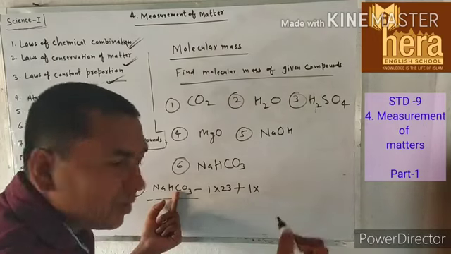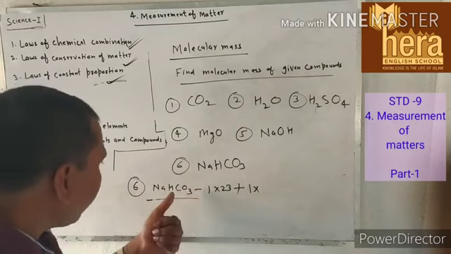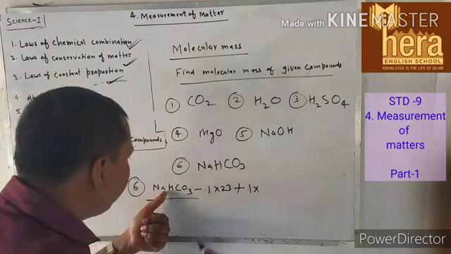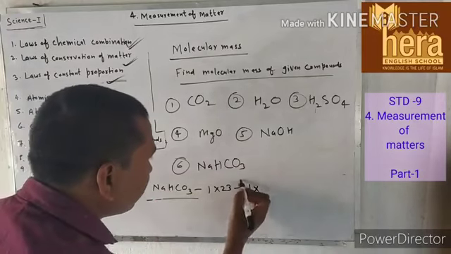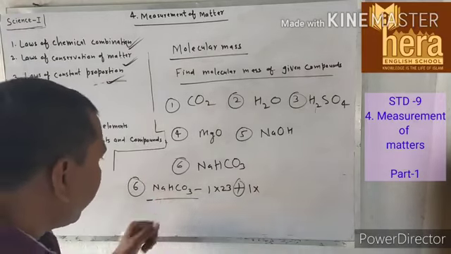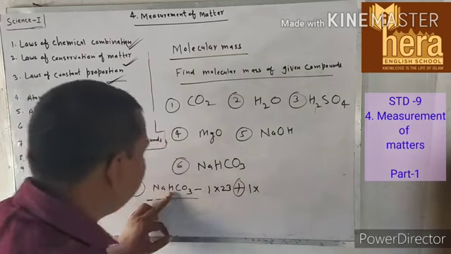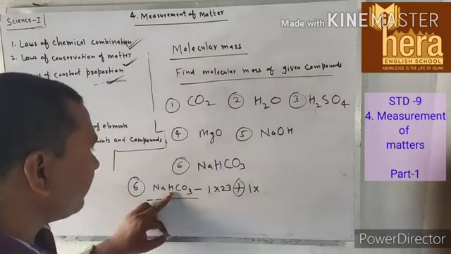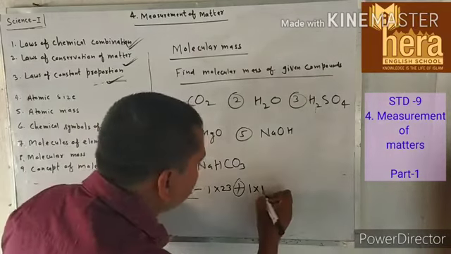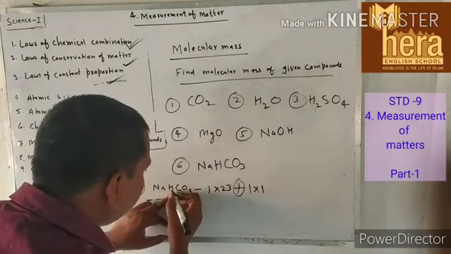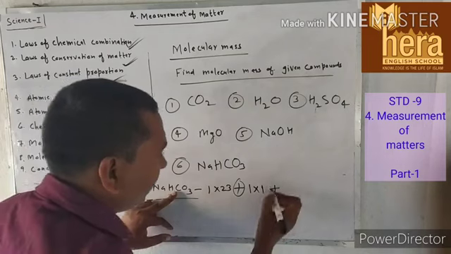So sodium is 1 into 23, plus hydrogen: here is only 1, so write 1 into the atomic mass of hydrogen, that is 1, as given in your textbook. Put a plus sign between hydrogen and carbon.